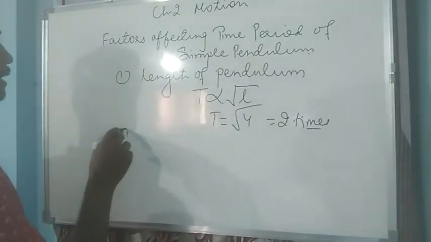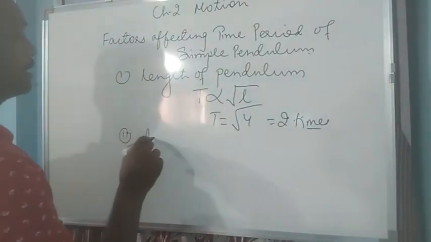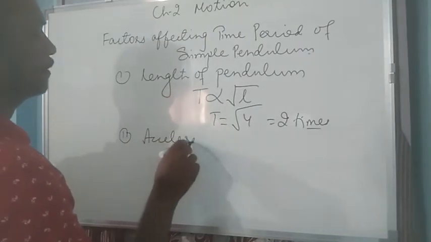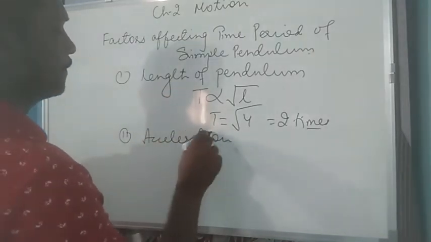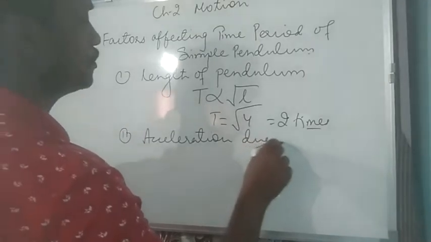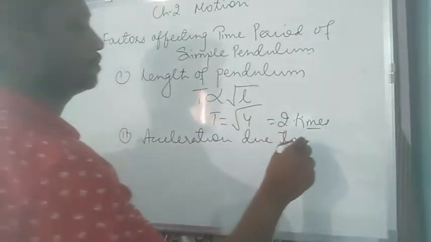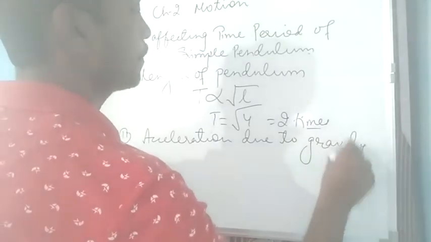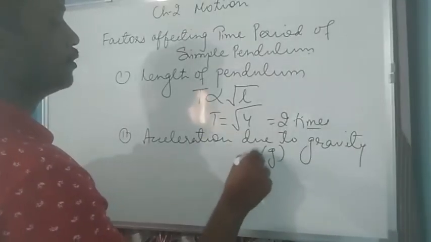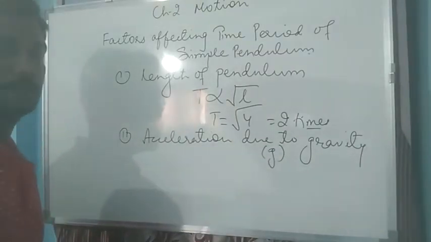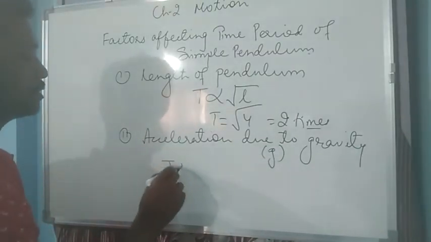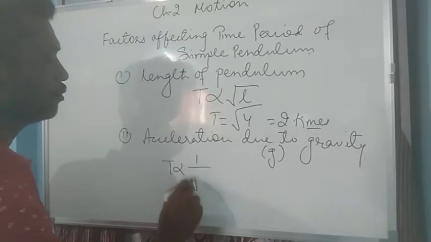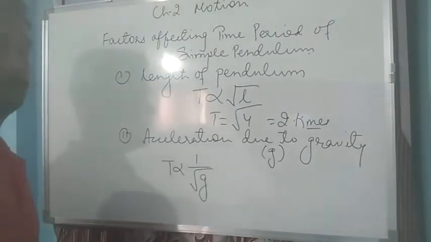And the second factor is acceleration due to gravity. Acceleration due to gravity we denote by small g, and time period is inversely proportional to the square root of acceleration due to gravity.